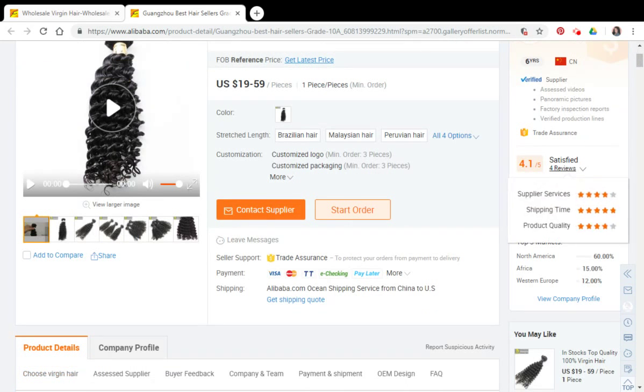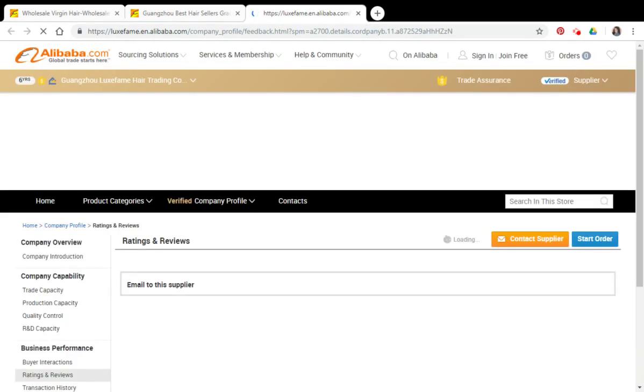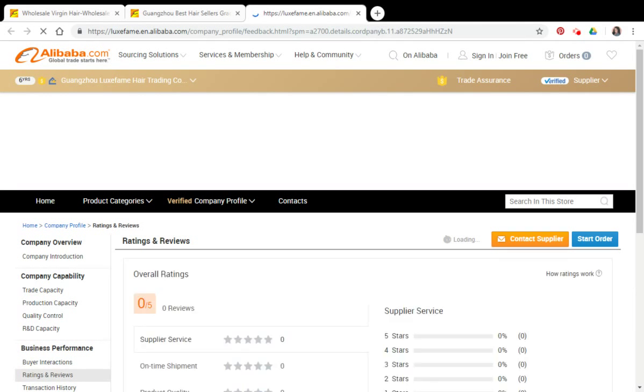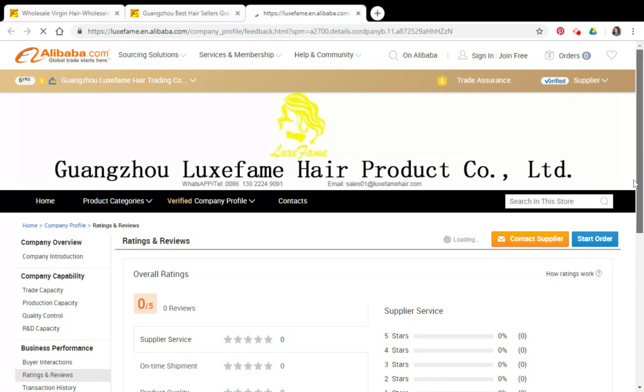I also, as part of the vetting criteria, like to look at the reviews if possible. I don't let that be my sole deciding factor, but if you see anything about tangling or matting, if any of the customers say anything about that, that's definitely a vendor you do not want to put on your list.